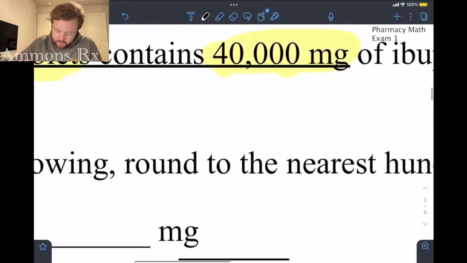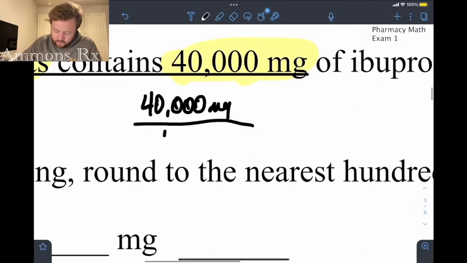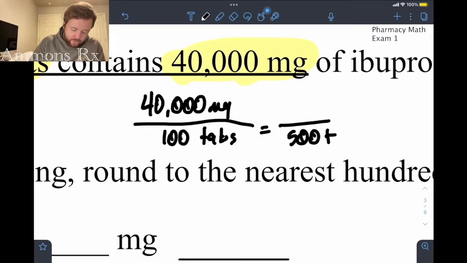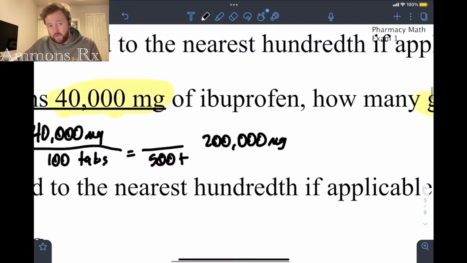By setting up a proportion, you will do 40,000 in 100, and then 500. So 40,000 times 500 divided by 100. That is 200,000 milligrams in that 500 count bottle.